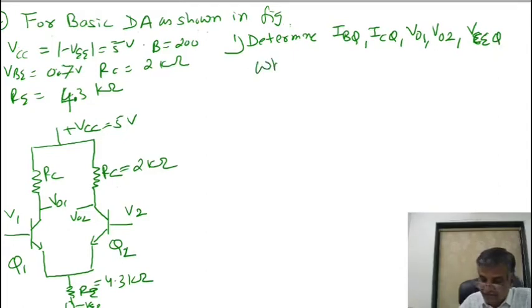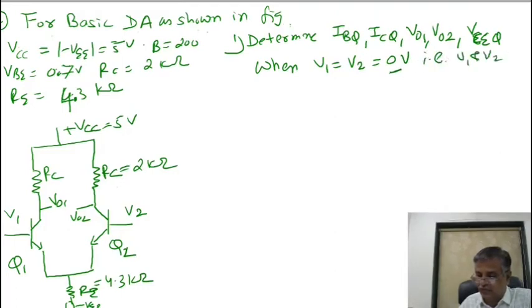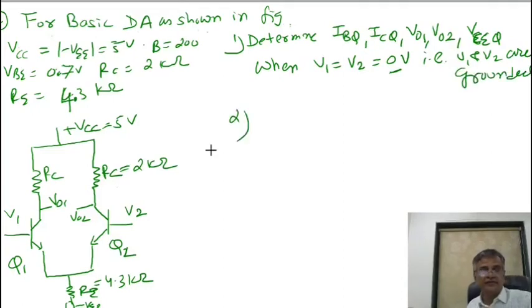when V1 and V2 are kept at ground level. Ground level means they are connected to 0. That is, V1 and V2 are grounded. Remember, listen carefully, this is a very important numerical.